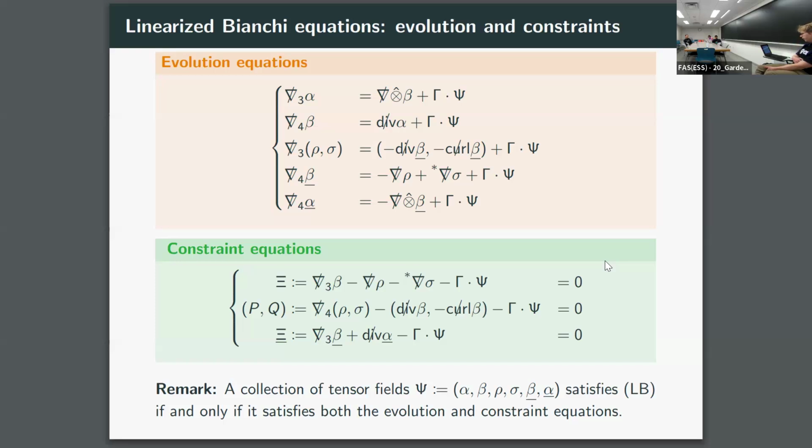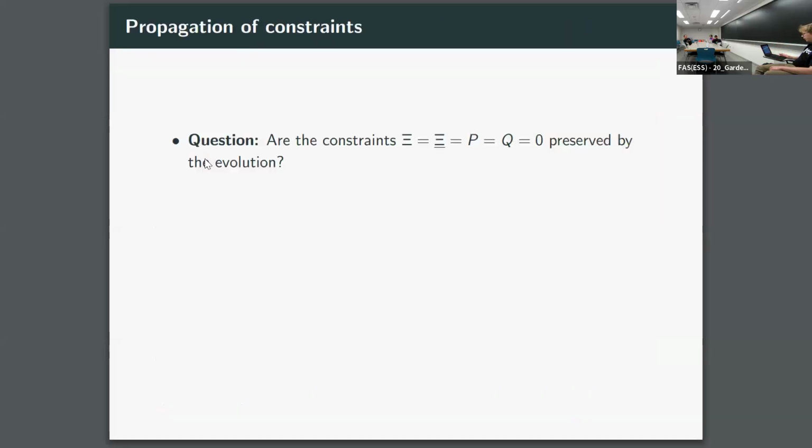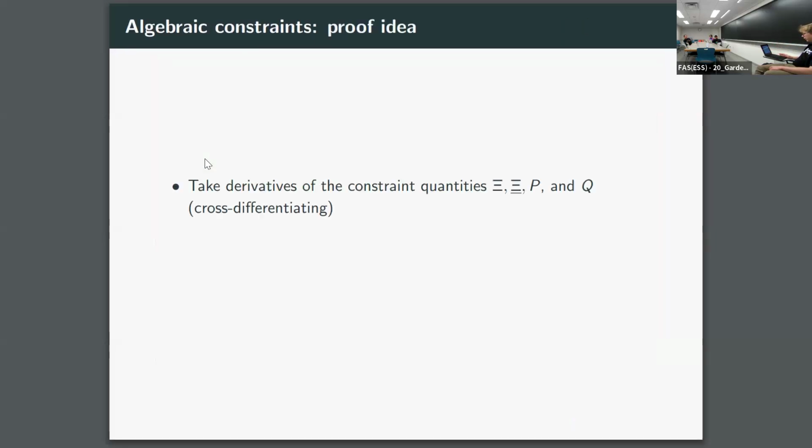And in the paper that this is based on, of course, you don't just have this vague gamma dot psi. You have the explicit expression there. And I just take derivatives. So, let's look at this xi. I take a nabla 4 of that, for instance, and then I commute derivatives, use the nabla 4 beta equation here, and I get various expressions.